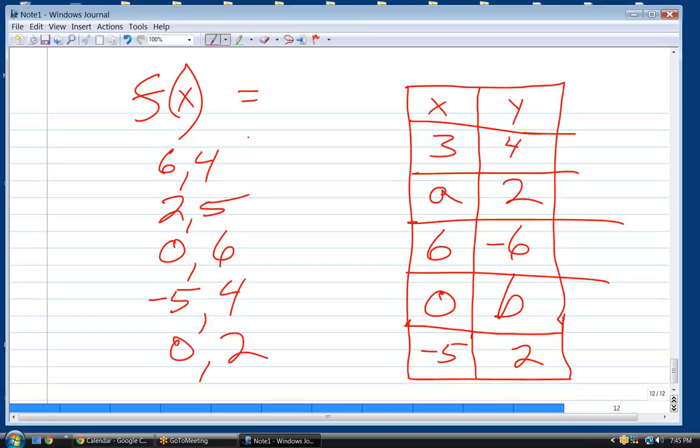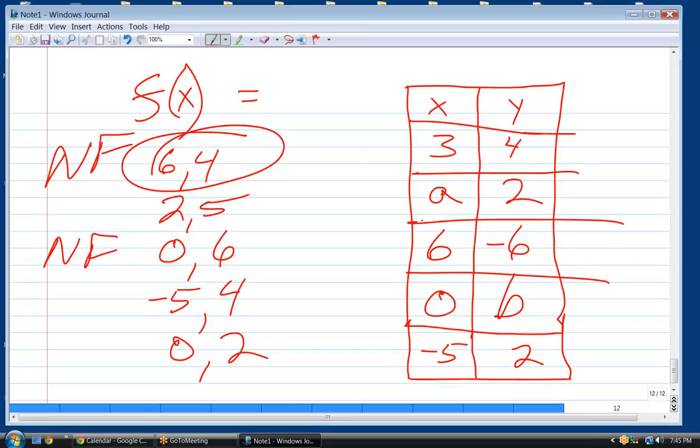Let's examine each choice. 6 and 4, is that a function? No, because there's already a 6 in there. So no function there. About 2 and 5. That's a function. About 0 and 6. No, because you'd have 2 zeros in the x, and you'd have different values in the y.